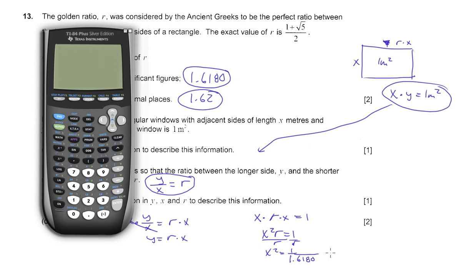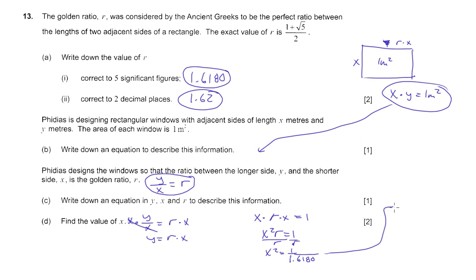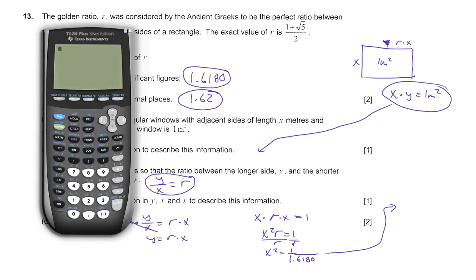So we've got 1 divided by 1.6180, which gives us 0.618046. That's funny. Look, it's the same number there.